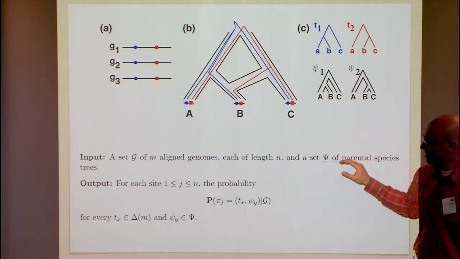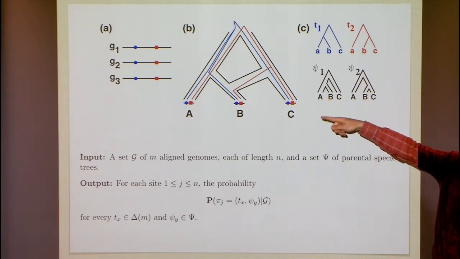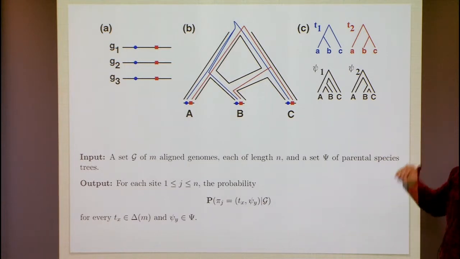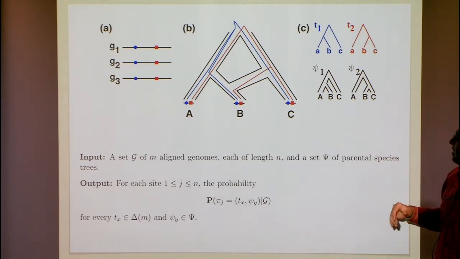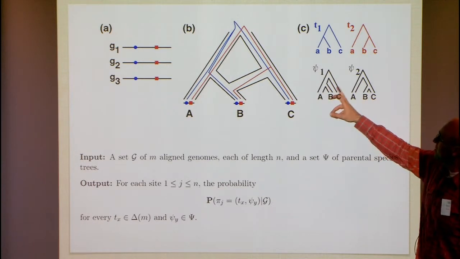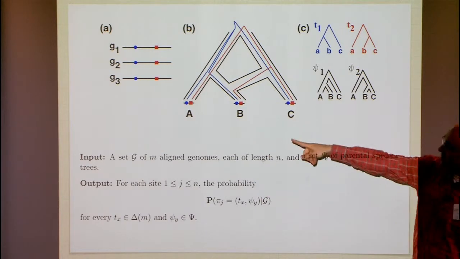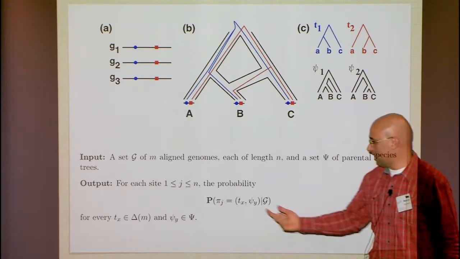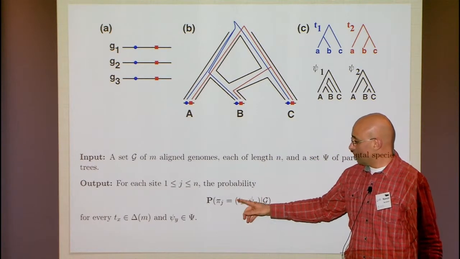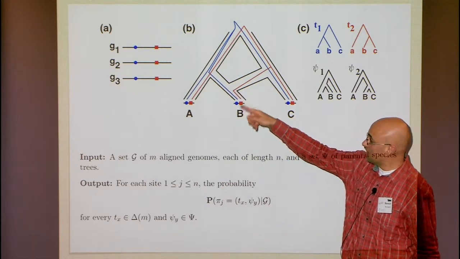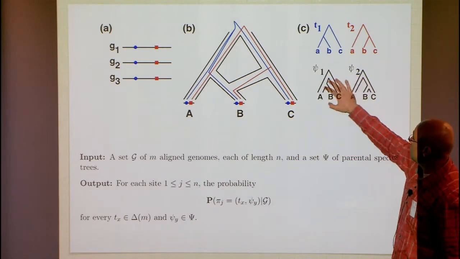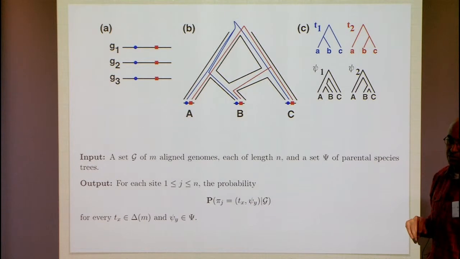And our problem of interest is that if I have the input in part A there, this set of genomes with all the DNA in them, and if I know also something about these trees inside the network, can I predict for every site in the genome the probability for the site coming from which one of these trees and which one of these gene genealogies?